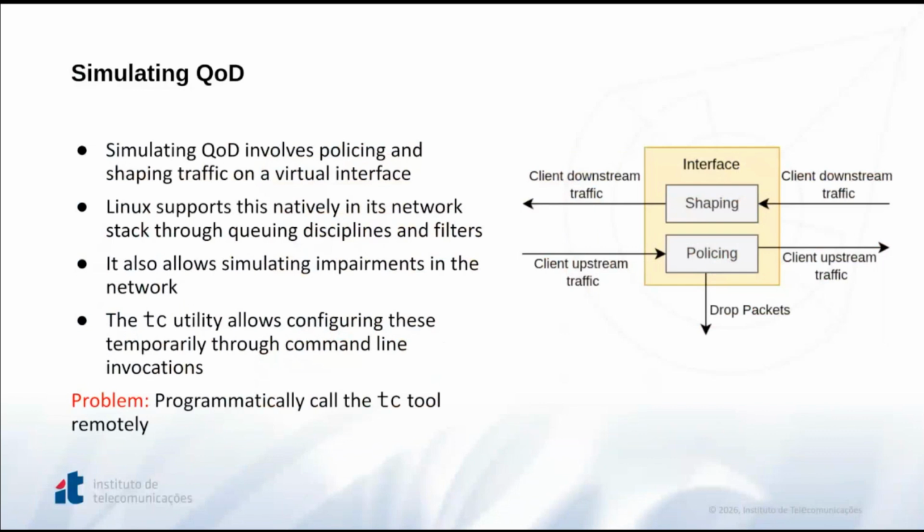So now we reach the part of how do we effectively simulate the quality on-demand operations using Linux. As previously mentioned, this involves applying traffic policing and shaping to the interface that the client VM is connected to. Linux supports these kinds of operations through its traffic control subsystem, that is defined as a set of queuing disciplines and filters.